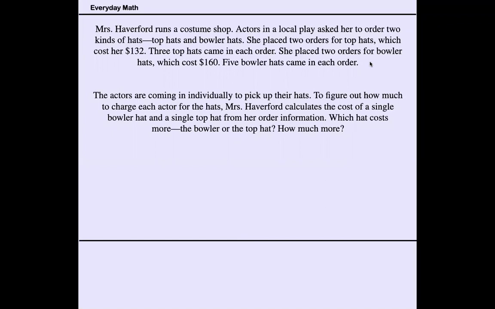So let's see what we have to do. I like to do cubes. Actors ordered 2 kinds of hats, a top hat and a bowler hat. She placed 2 orders for the top hats, which cost her $132. 3 top hats came in each order.